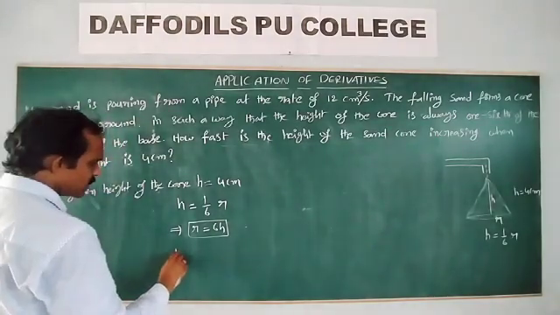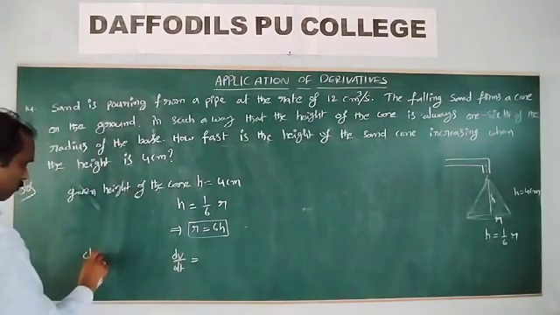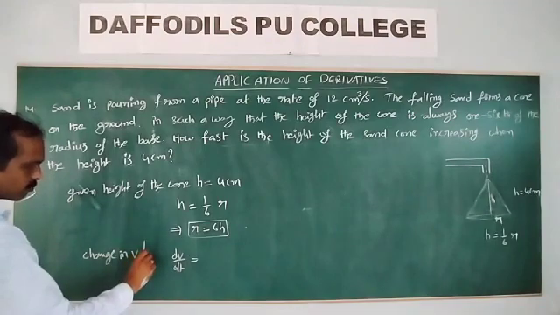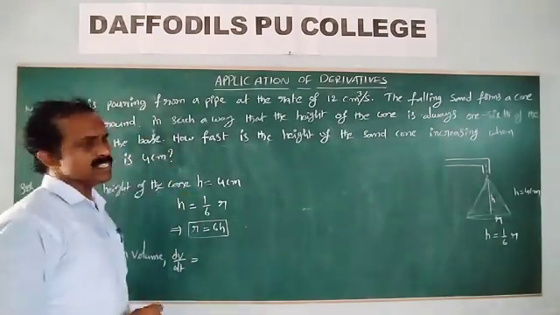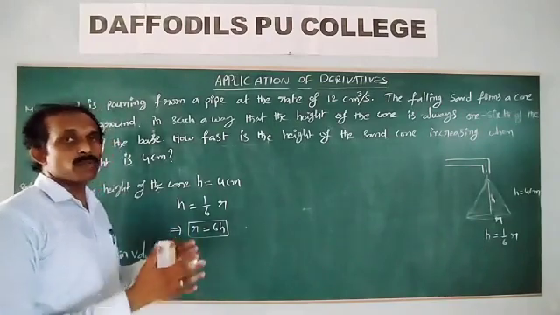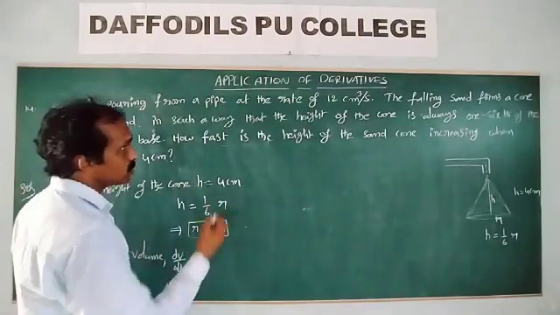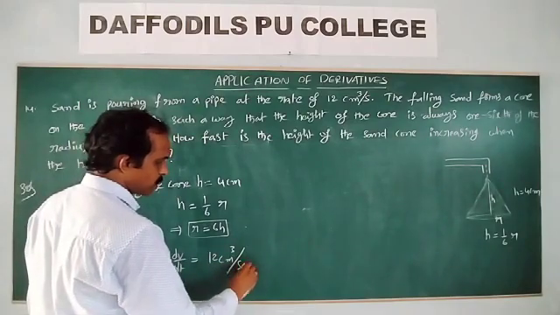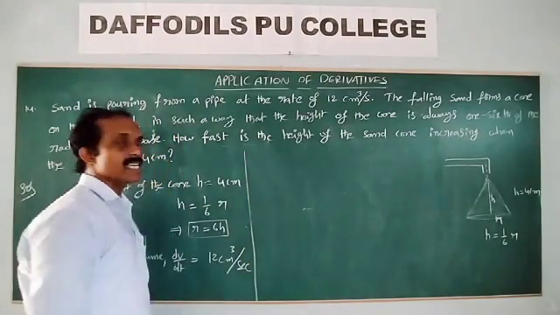Next, given change in volume dV by dt. As the sand falls, the volume also increases, so the change in volume per second is 12 centimeter cube per second. This is the given data. We will find dh by dt.